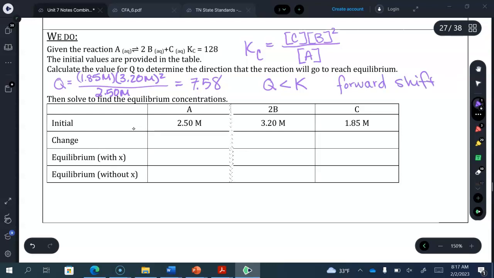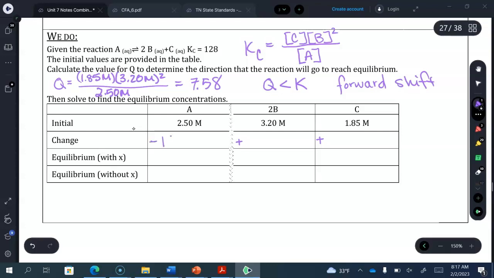Okay, what that means is that we're going to add here. There's too many boxes. We're going to add here on the product side, and we're going to take away on the reactant side.